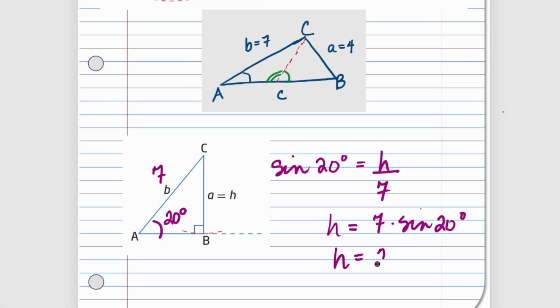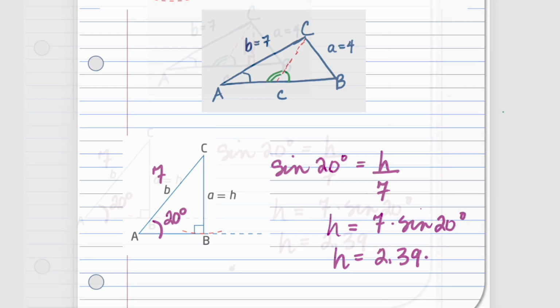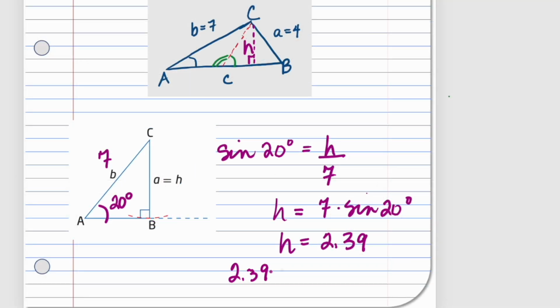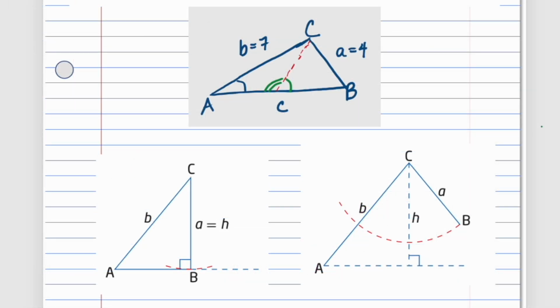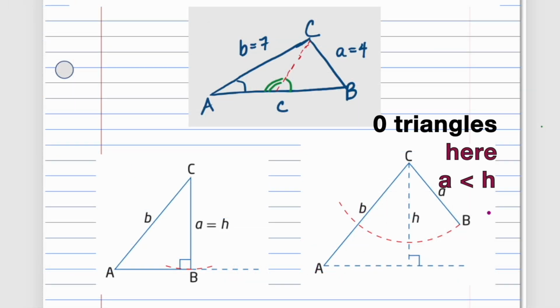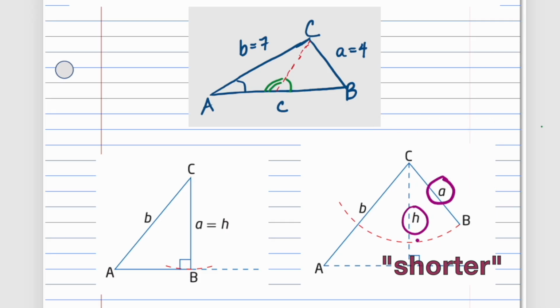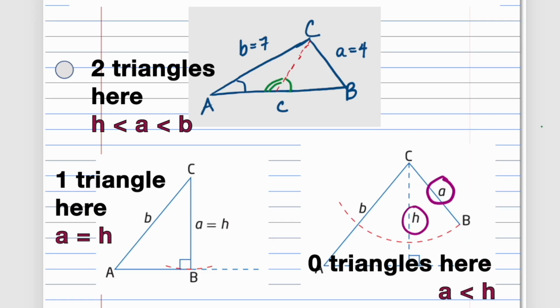H is 2.39. 2.39 is less than 4, which is less than 7. We have a complete triangle for sure. Here's what it would look like if we did not have a complete triangle. The A would be smaller than the H. We wouldn't have enough length to reach the bottom side.